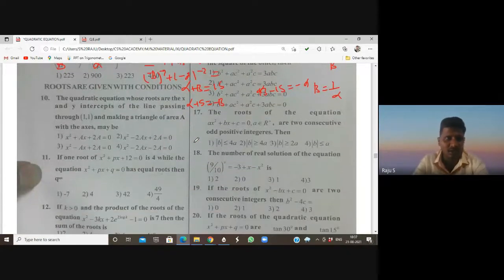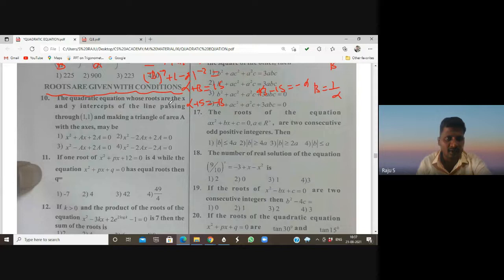I already explained that. So the next concept is roots given with conditions. Let's see here.